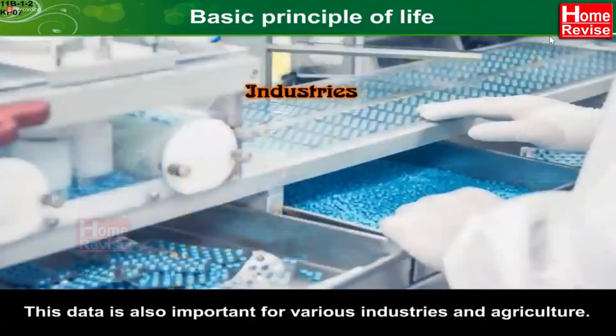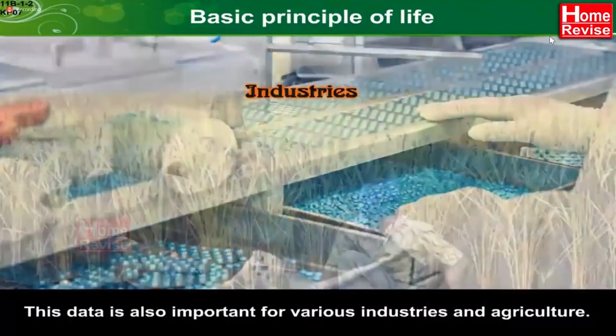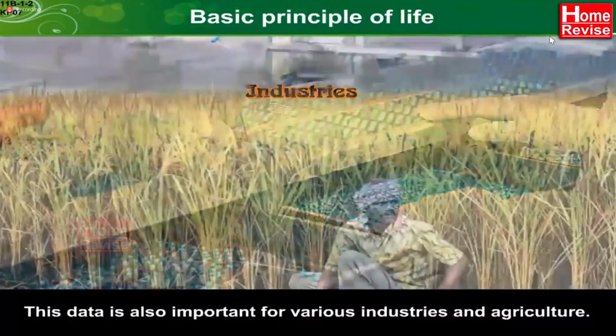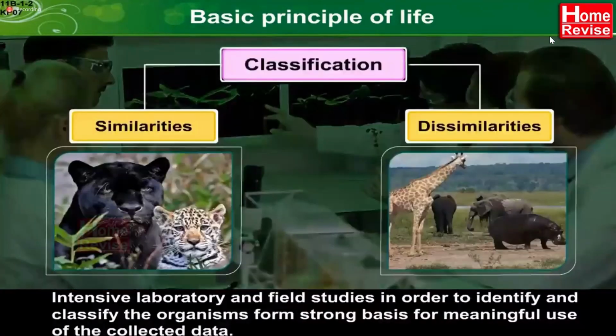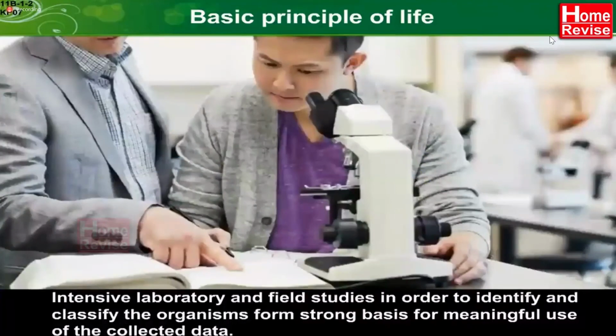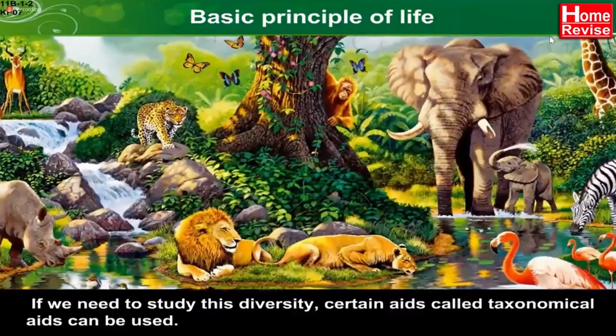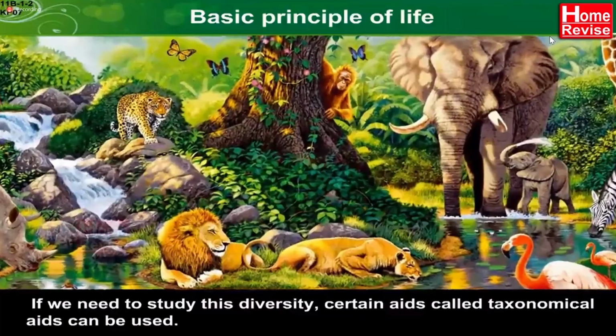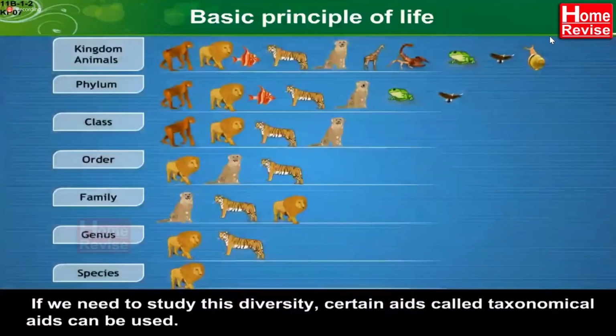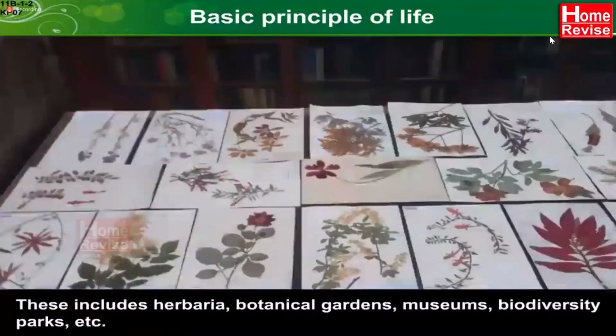This data is also important for various industries and agriculture. Intensive laboratory and field studies in order to identify and classify the organisms form strong basis for meaningful use of the collected data. If we need to study this diversity, certain aids called taxonomical aids can be used.